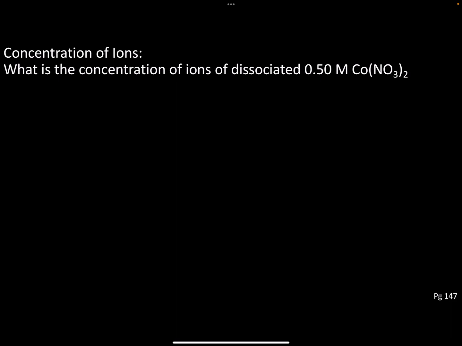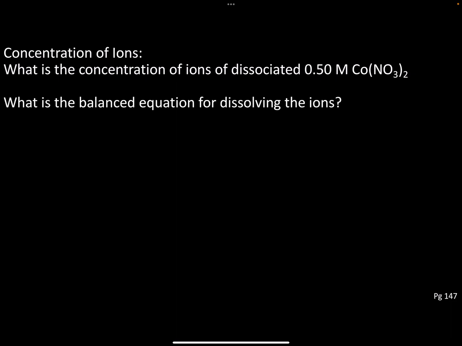So that's just a good thing for us to note and be thinking ahead with. Okay, let's look now at the concentration of ions. So the concentration of ions dissociated in 0.5 molar cobalt nitrate. First of all, what would be the balanced equation for dissolving the ions? Well, there are 2 nitrate ions and 1 cobalt ion.